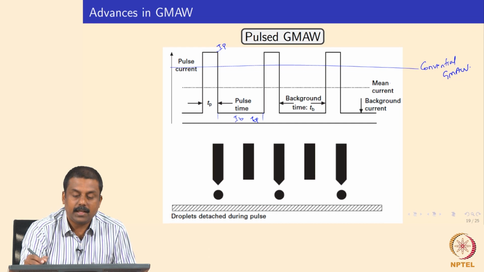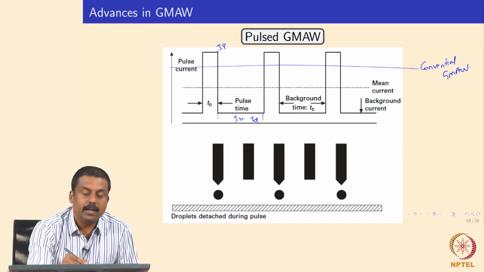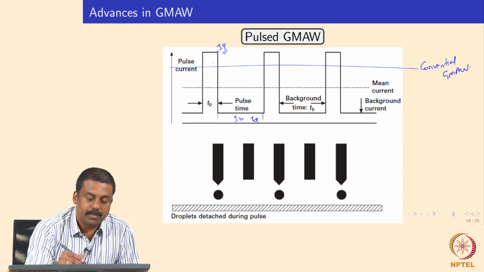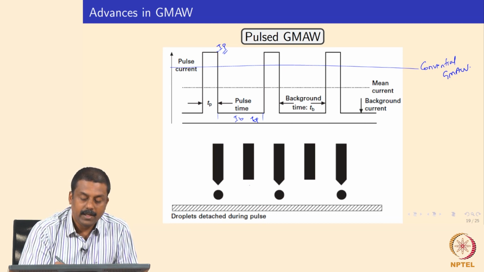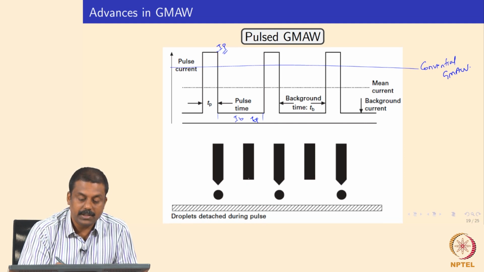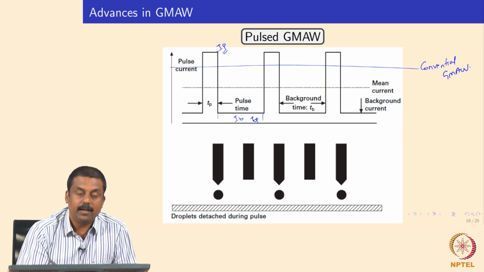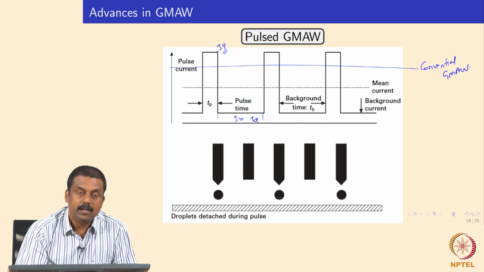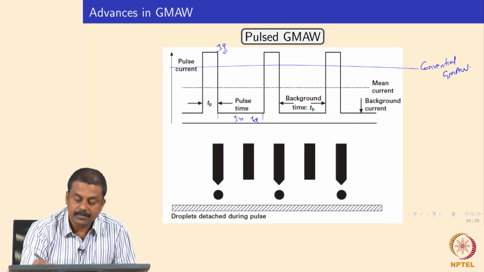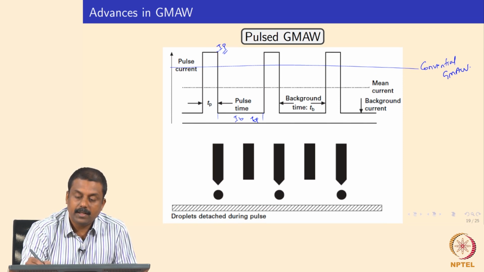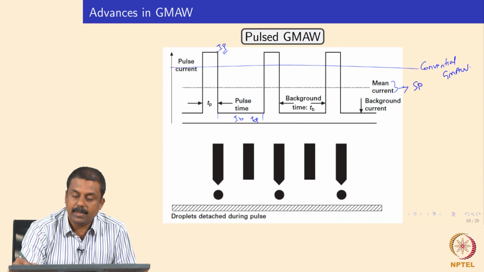By carrying out such current pulsing, because of the increased current IP during pulsing, you melt the electrode tip and transfer the droplet in this pulsing period, and then in your background period, either you maintain the arc or you can also extinguish the arc. Subsequently, when the second pulse happens, you may again strike an arc, melt the droplet and transfer the droplet at each pulsing period. Because of the nature of the pulsing, the mean current you achieve is sufficient to get a spray transfer.